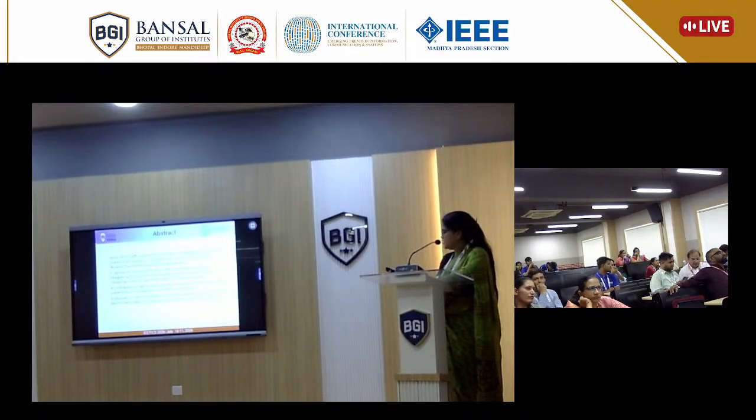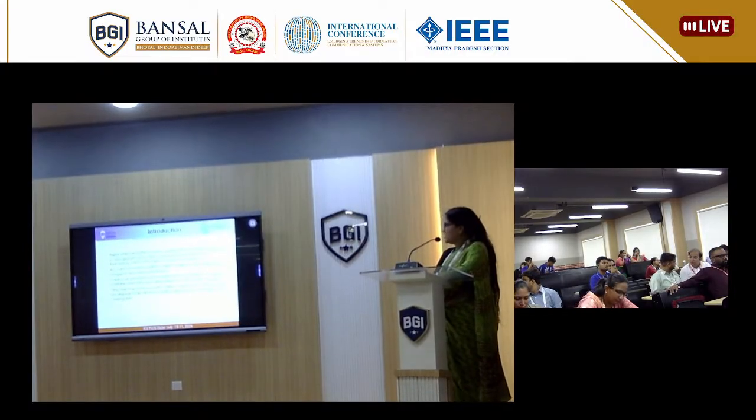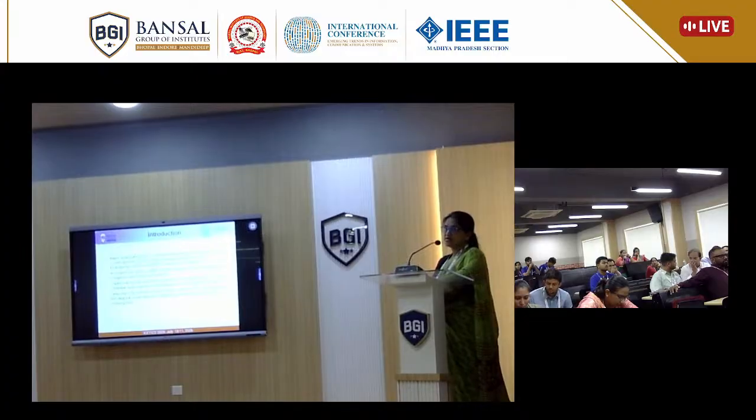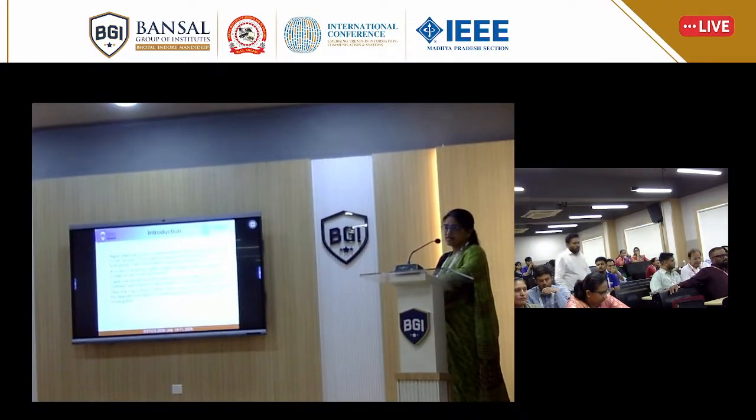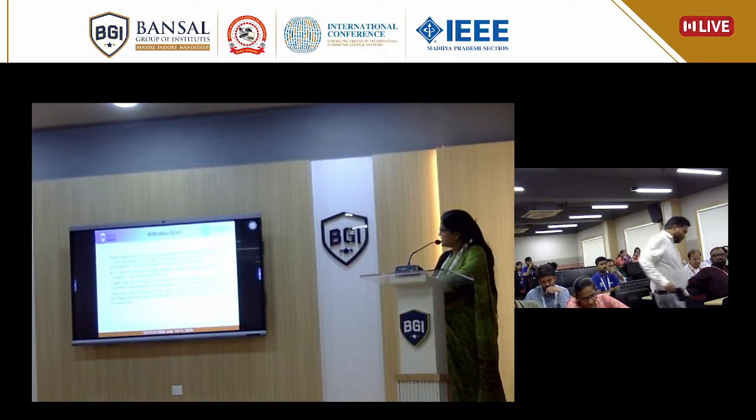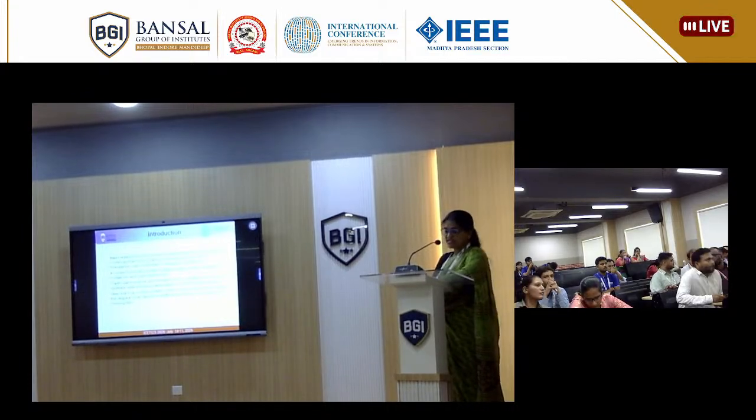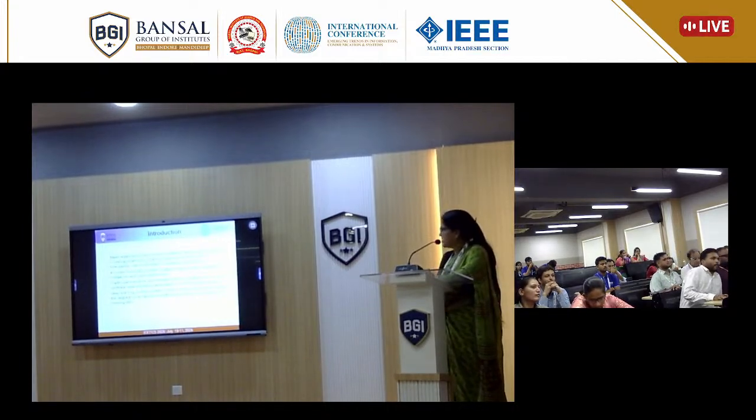First one is a dynamic graph convolutional network, then a transformer, and next an RNN. DGCN predicts the traffic or calculates the network.